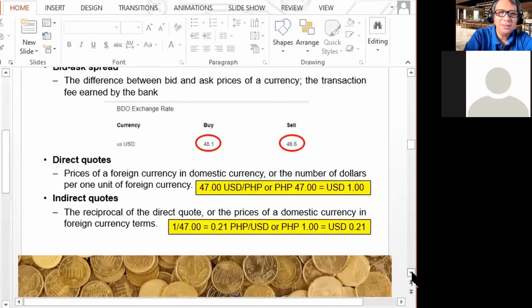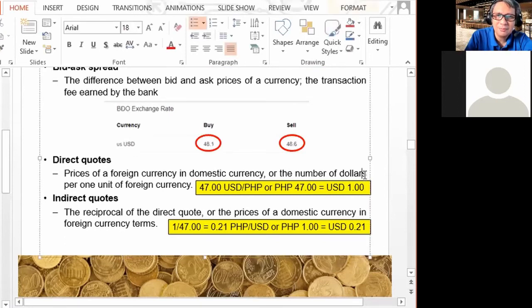Now, meron din tinatawag na direct quotes. Okay? Merong direct quote and indirect quote. So, direct quote, ito yung pinaka-common expression. So, the price of a foreign currency in domestic currency or the number of domestic currency units per 1 unit of foreign currency. Gawin natin itong peso para mas madali na maintindihan. Okay, the number of pesos.